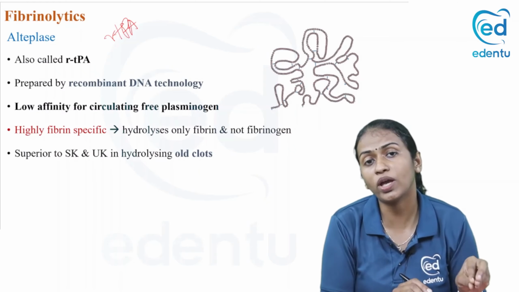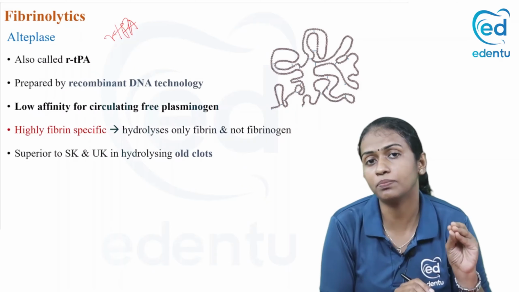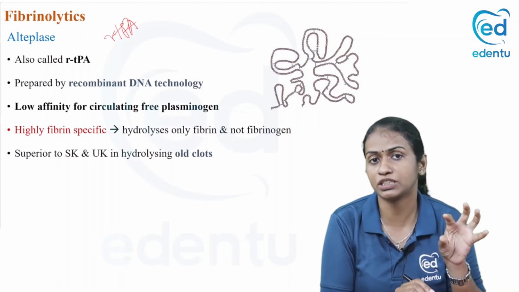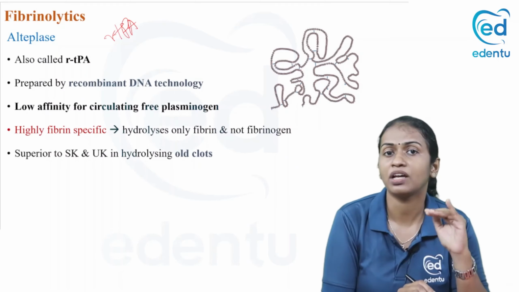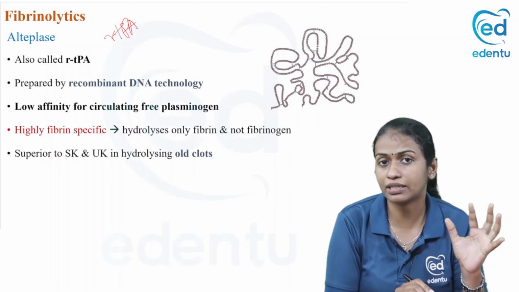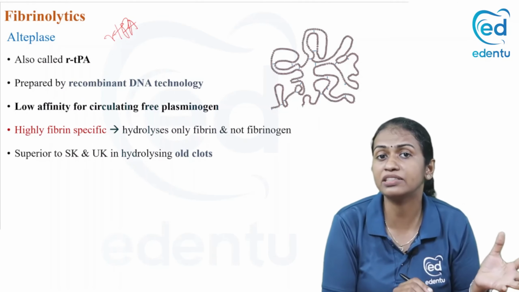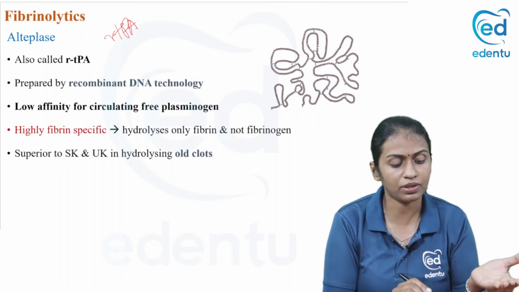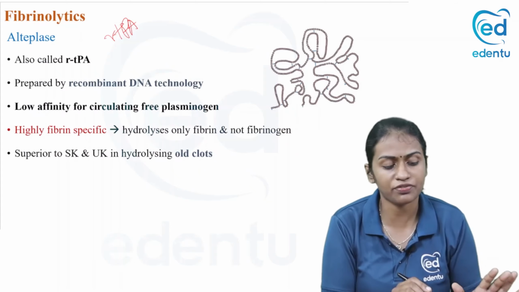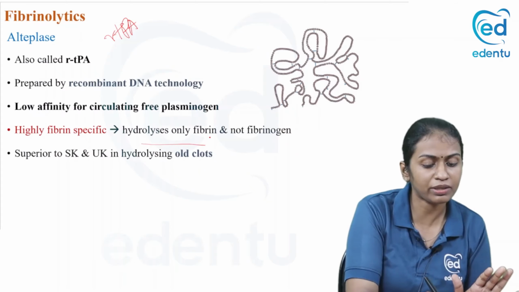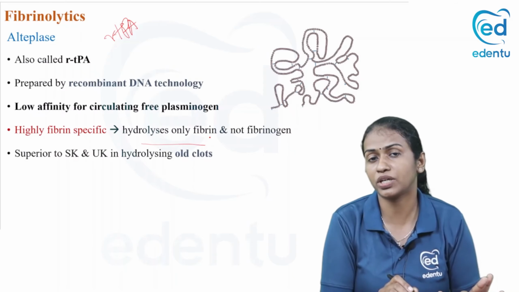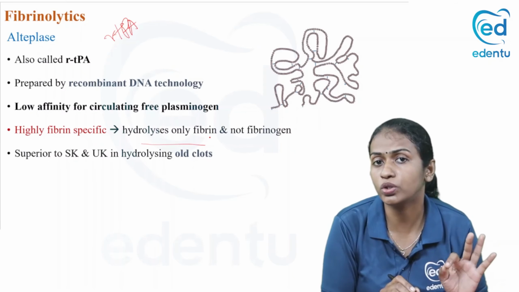They have low affinity for free plasminogen, so they mainly activate the bound plasminogen. So what will be the advantage? The physiological clots will not get lysed, so the bleeding chance is less when compared with the earlier agents. It is highly fibrin specific. It hydrolyzes only fibrin, not fibrinogen, and it is superior to streptokinase and urokinase in hydrolyzing old clots.